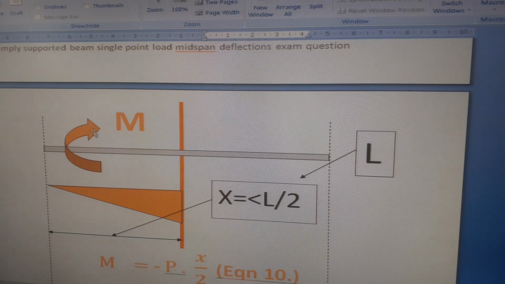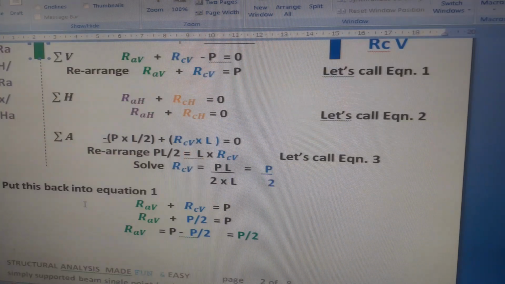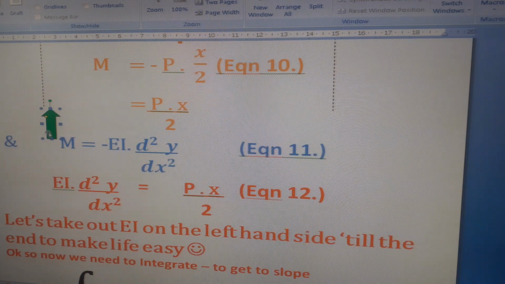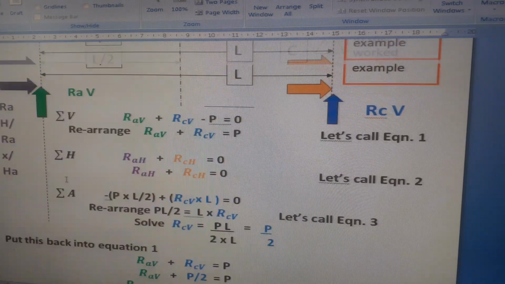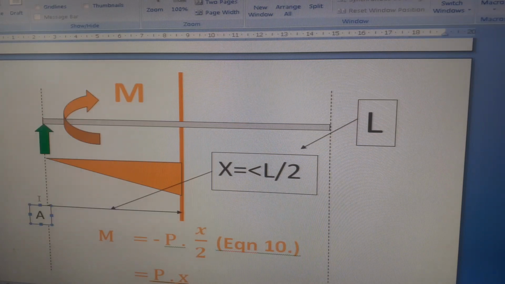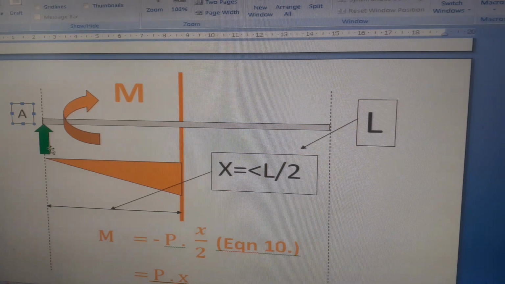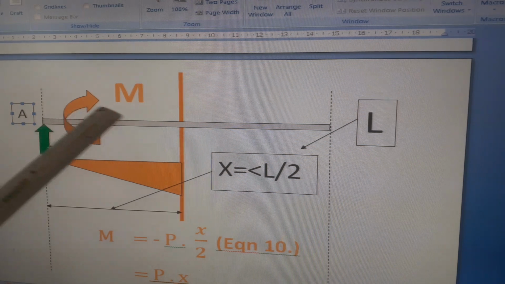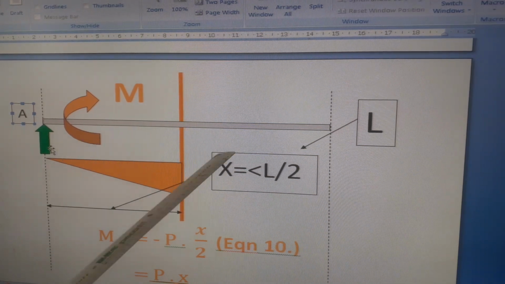As we start at position A and move along from left to right, the moment is clockwise, and it's moving from the support to the middle of the beam.